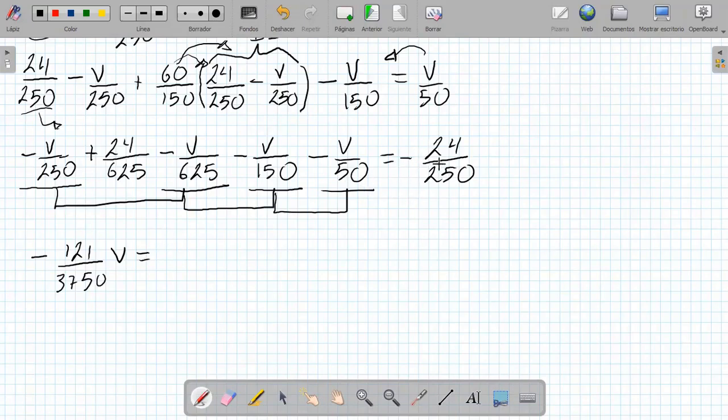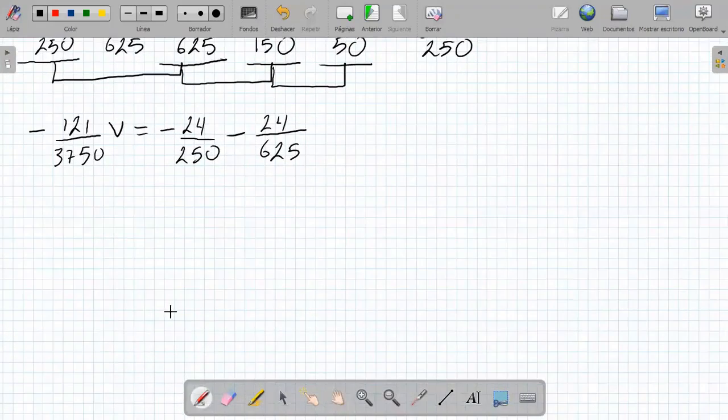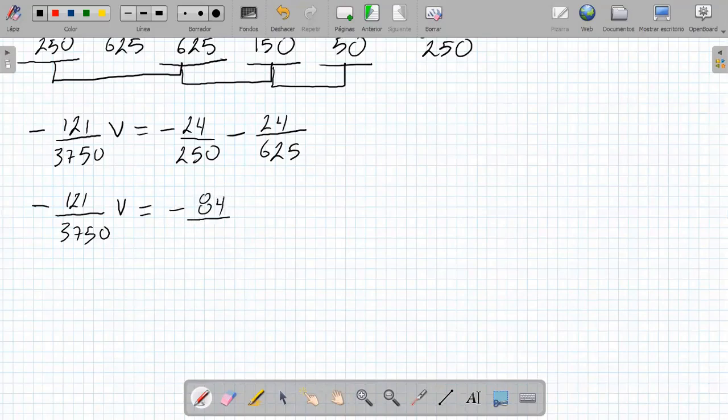This is equal to minus 24 over 250, and this thing that was constant here, I have to transfer it to the other side as well: minus 24 over 625. Well, we continue then. Here it would be minus 121 over 3,750 V. If I operate this it will give me minus 84 over 625.